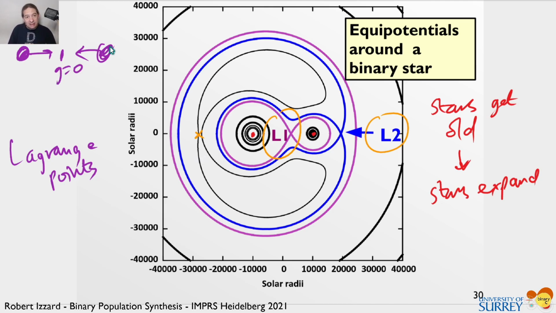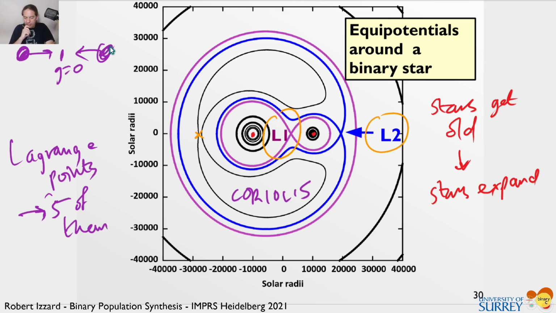It's not actually that simple because you also have to take into account the Coriolis force, because we're looking at this in a frame where the stars are stationary. But in a real frame of reference, the stars are not stationary, they're orbiting. So you need the Coriolis force plus the gravity, and then you can work out positions. And actually there are 5 of these points.